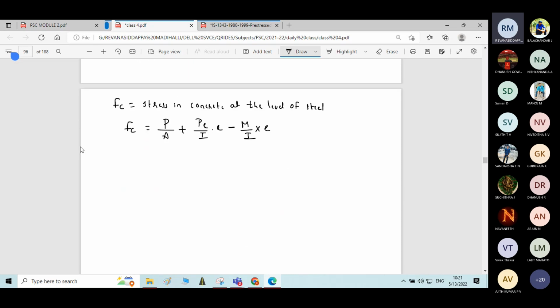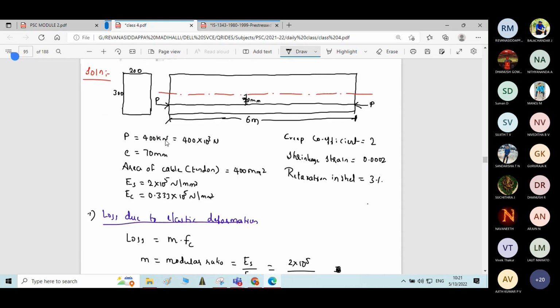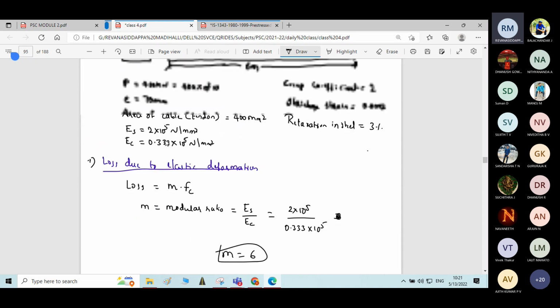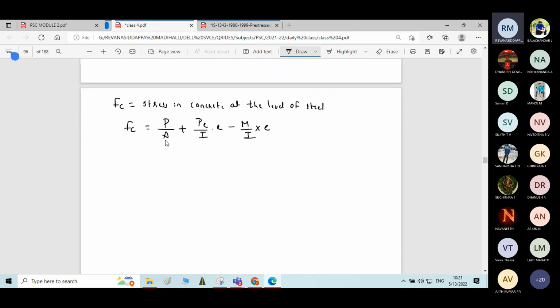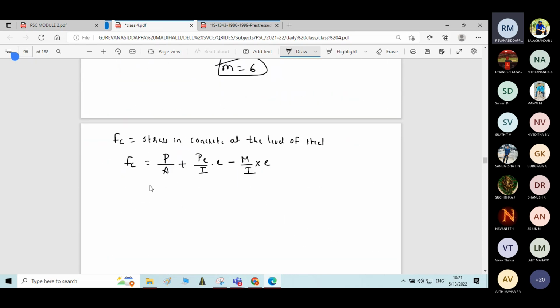fc is equal to pre-stressing force, and area, cross-sectional area, we have to calculate it. We calculate 200 by 300 as the dimensions. Therefore, cross-sectional area A is equal to 200 by 300, so 60,000 mm square. Then I is moment of inertia. It is a rectangular section.